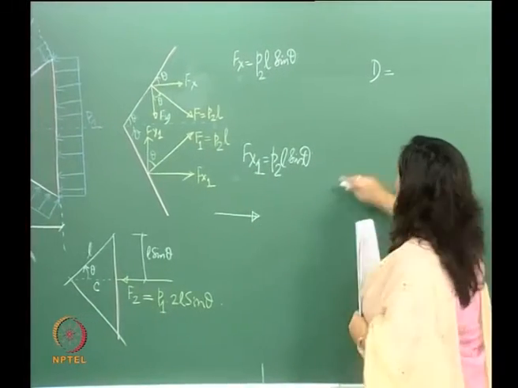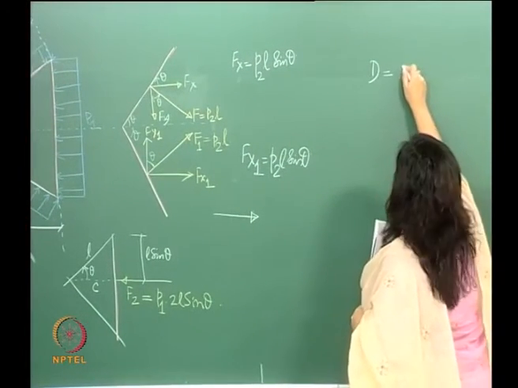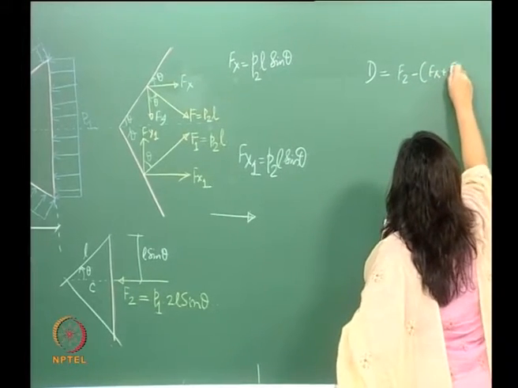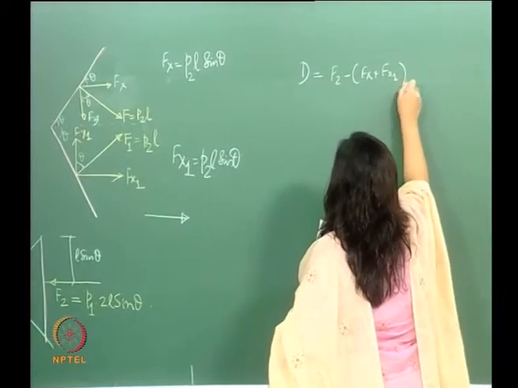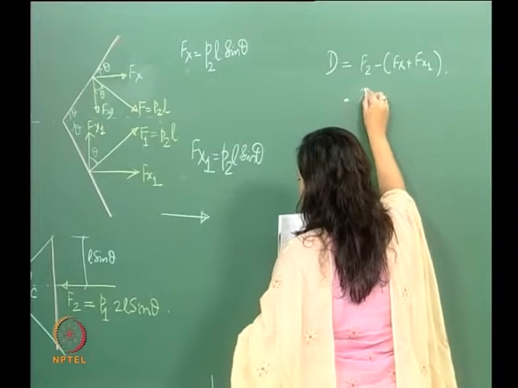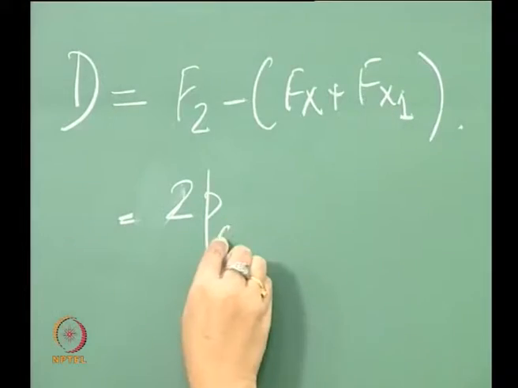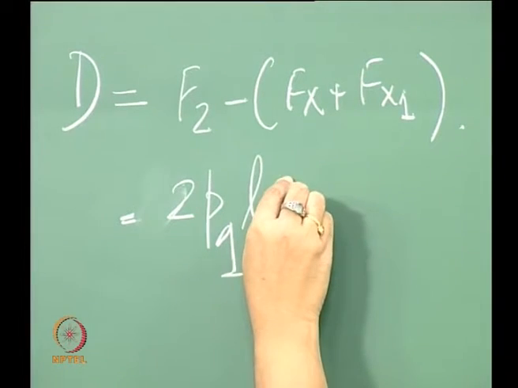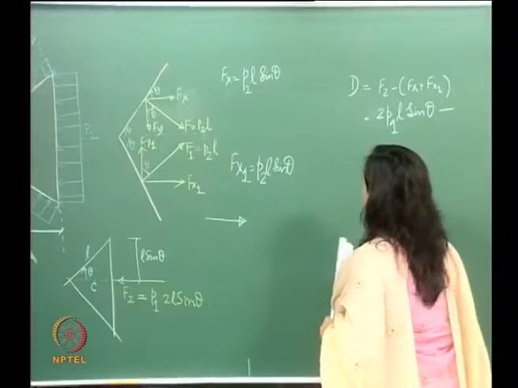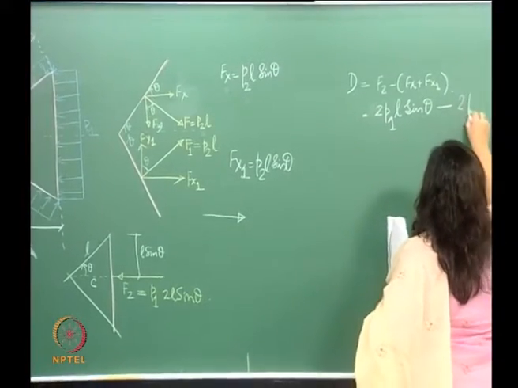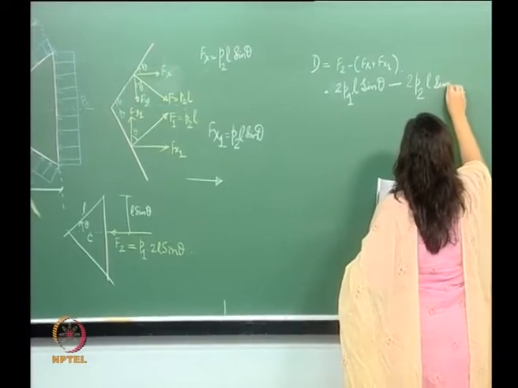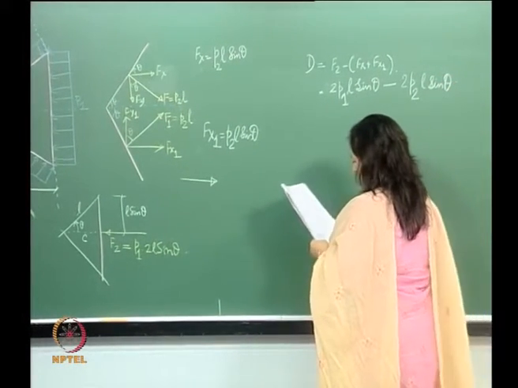So we will say that it is equal to F2 minus Fx and Fx1, which comes out to be 2 P1 L sine theta minus 2 P2 L sine theta.